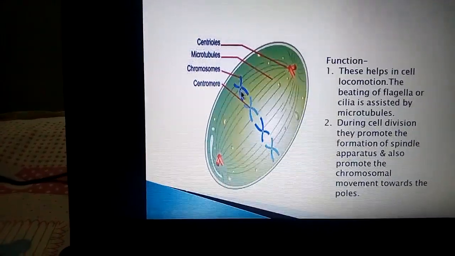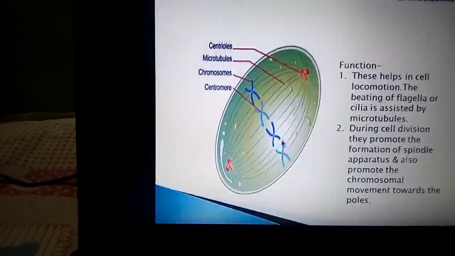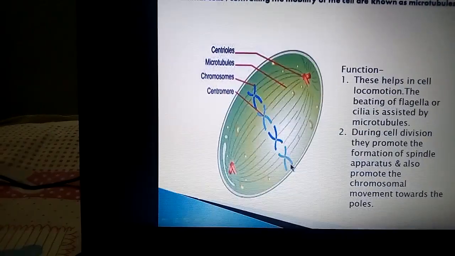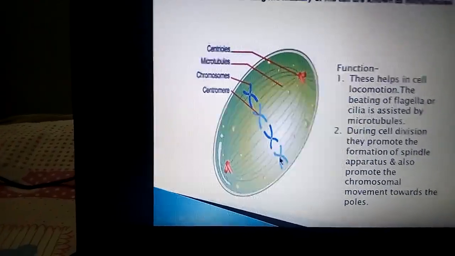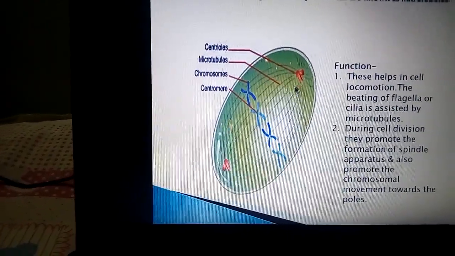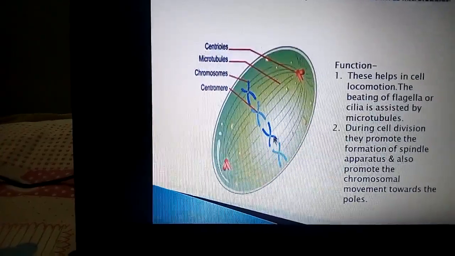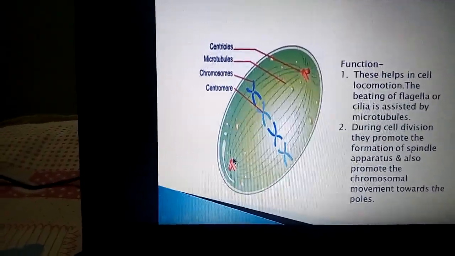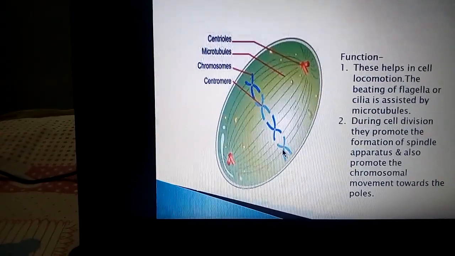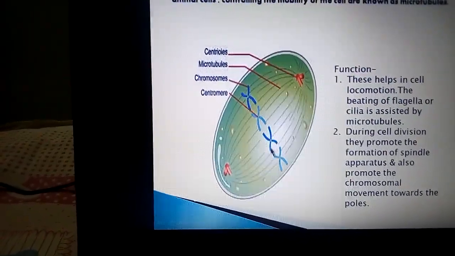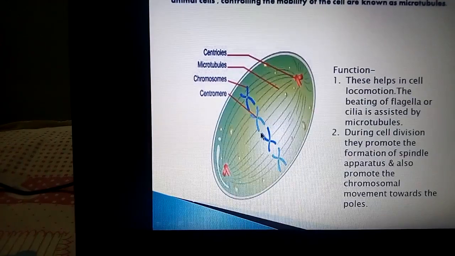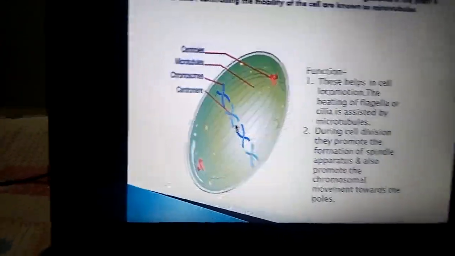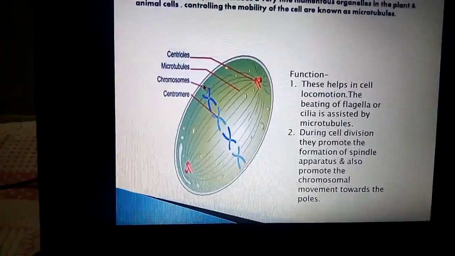From the centromere, each chromosome is separated, divided, and with the help of this spindle fiber they move to the two opposite poles. This movement is known as chromosomal movement.